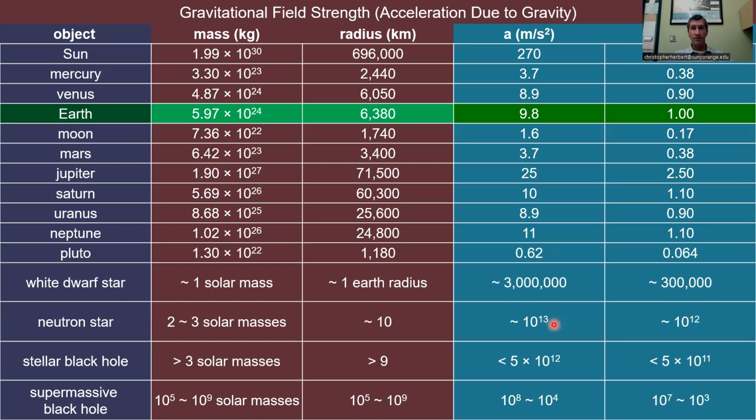The atoms have been crushed into neutrons and essentially very, very heavy nuclei. And if we could crush a neutron star to an even smaller body, we would get a black hole. And with a black hole, our gravity is going to be essentially large enough to even trap light. Light can't escape from it.